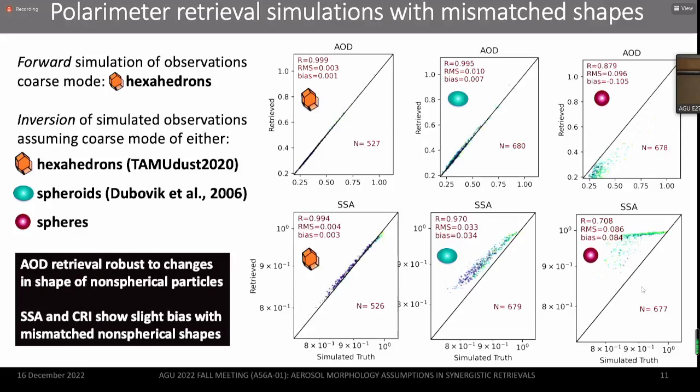So when you retrieve with hexahedrons, they're going to do a good job because they were used in the forward simulation. If you were to swap it and forward simulate with spheroids and retrieve with hexahedrons, I would expect that bias in SSA to shift to the hexahedron side, and the spheroids would look very nice. So how do you tell which one's better? Again, we have to look at the measurements. We haven't gotten to that stage yet. We're just trying to scope out what we need to explore.